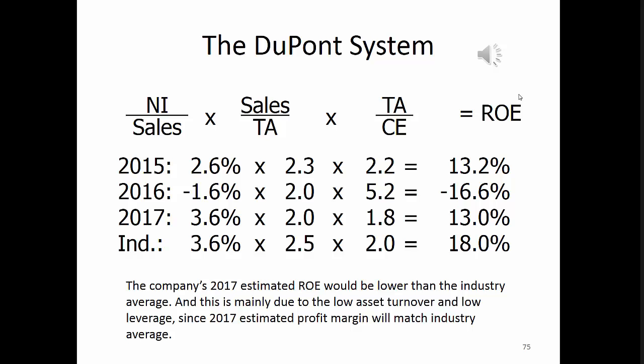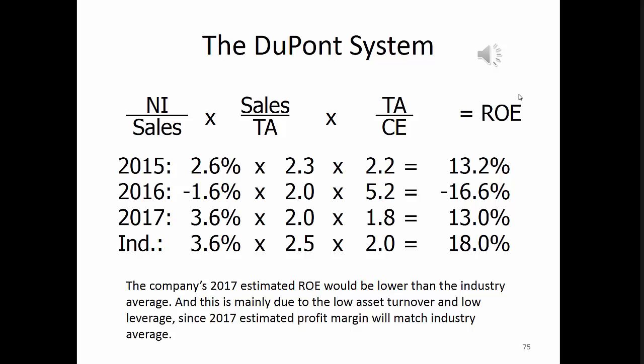The profit margin in 2017 actually is the same as the industry average. So again, the low ROE for this company in 2017 is mainly due to the low asset turnover and low leverage, not really because of the low profit margin.